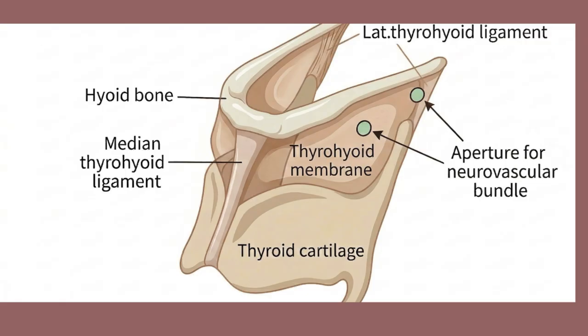You know that the supraglottis and the subglottis have different embryological origin, and the supraglottis tends to drain towards the base of the tongue. So the lymphatic drainage of the supraglottic larynx is towards the base of the tongue, whereas that of the subglottis is towards the trachea.